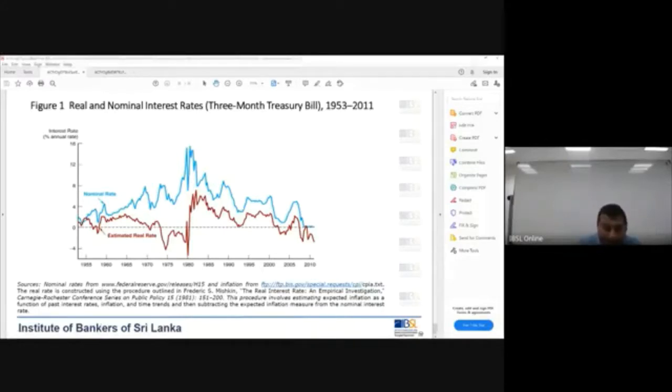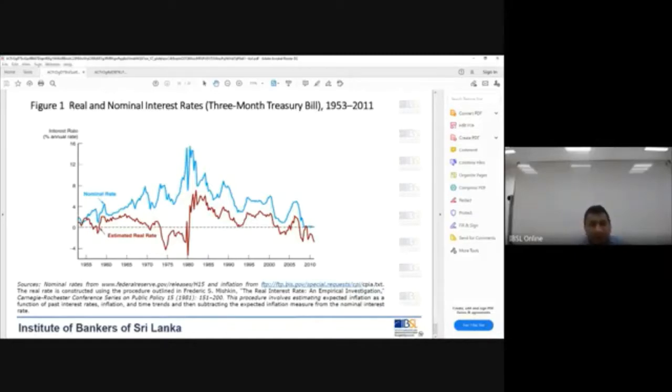Okay, so you see the behavior of the real interest rates and the nominal interest rates. Generally, the nominal interest rates and real interest rates have a reasonable gap. You can see this gap, let's say from the early 80s to mid 2000s, like 2005 to 2006, the gap is reasonably steady.